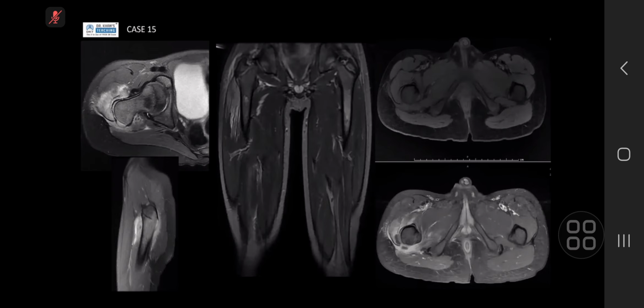This is an MRI images showing soft tissue edema at the right femur and greater trochanteric with muscle edema, soft tissue edema, and involvement of the cortex, which appear iso on T1 and hyper on T2.